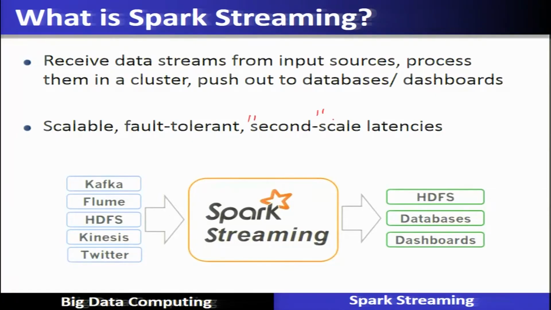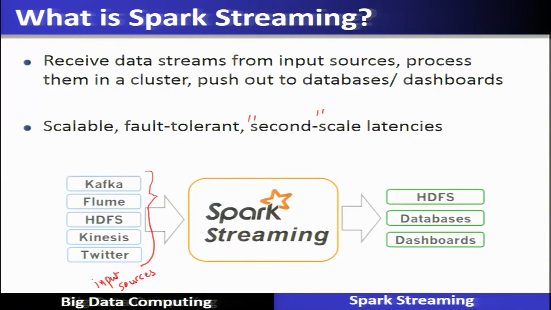So let us see through this particular diagram that the data can be received through different input sources. It can be received either from Kafka, Flume, HDFS, Kinesis, or Twitter.